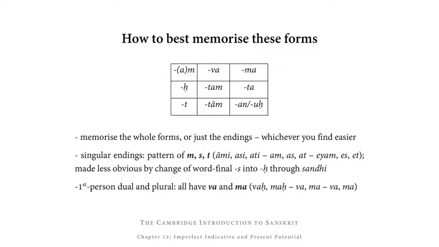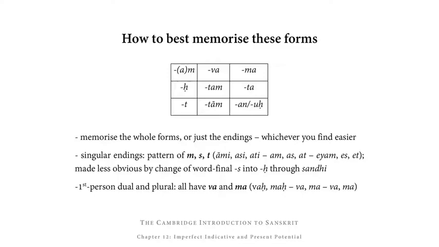But whichever of these methods you choose, it may be helpful to notice or to remember that there are certain patterns that you can see. So, for example, in the singular endings, we have the pattern of MST in underlyingly or indirectly in all three of present indicative, present potential, and past indicative.